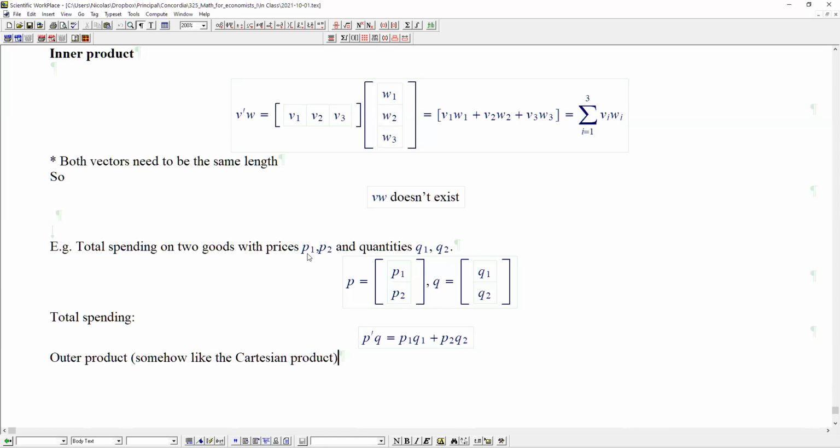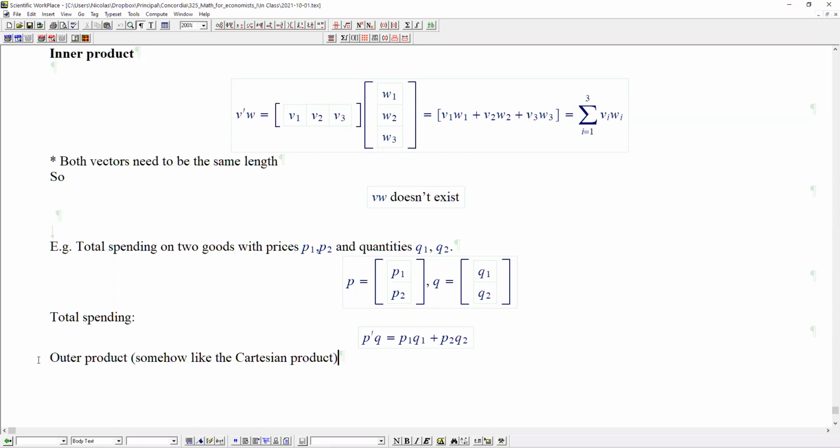If you remember the Cartesian product, if I had one set with X and Y and a second set with 1, 2, 3, then the Cartesian product was associating each element of the first set with each element of the second set, and you got a big bag of all the possible combinations.